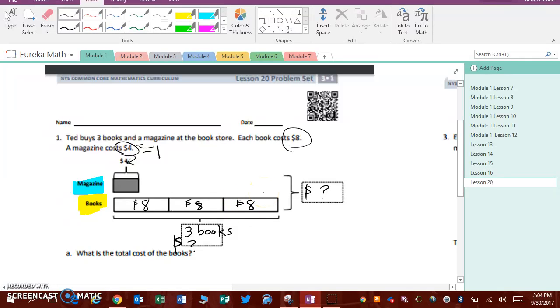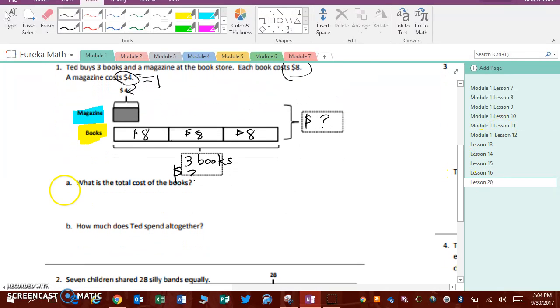Okay. So let's answer the questions about it. What is the total cost of the books? All right. Well, let's write our answer sentence. The books cost blank in total. You know it's going to be dollars, so I'm going to put my dollar sign in there. Well, let's just solve it.